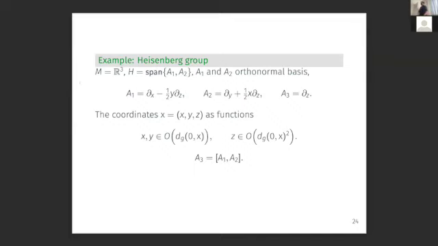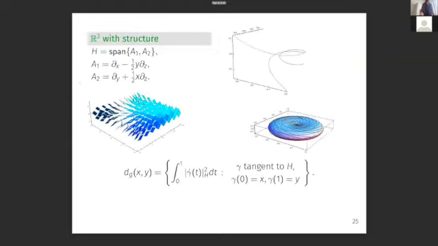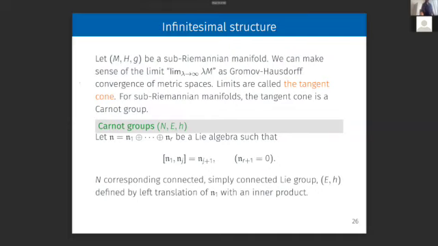If I consider A1, A2, and A3 as a Lie algebra, then the bracket of A1 and A2 gives you A3. Brackets of A3 with both A1 and A2 give you 0. So this is a nilpotent Lie algebra. So you can consider this as some sort of left invariant structure on a nilpotent Lie group. That is why it's called the Heisenberg group.